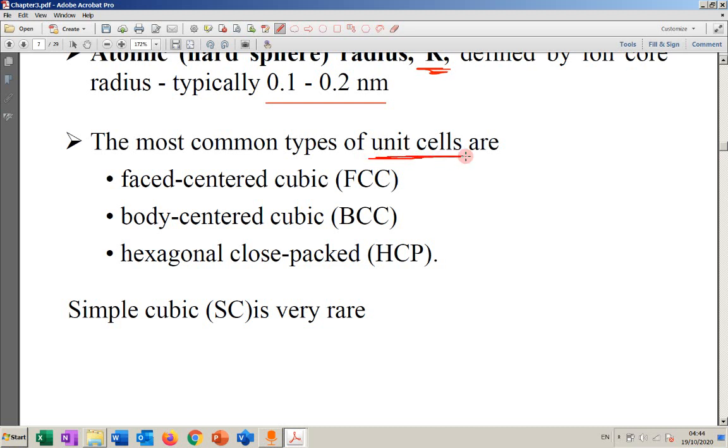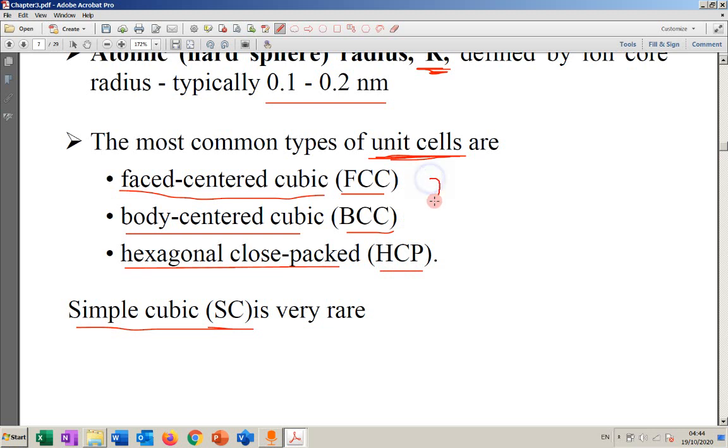Remember, unit cell is what? A repetitive unit cell is going to give you the crystal structure. The terms that we have: simple cubic, SC. We have face-centered cubic, and we're going to tell you why we call it face-centered cubic, FCC. We have body-centered cubic, BCC, and we have hexagonal close-packed, HCP.